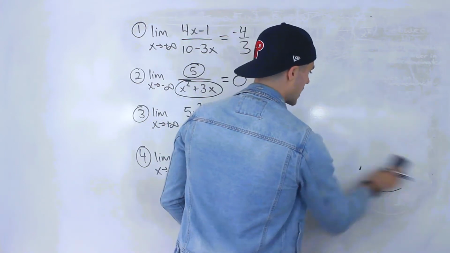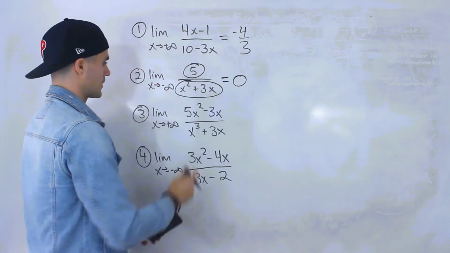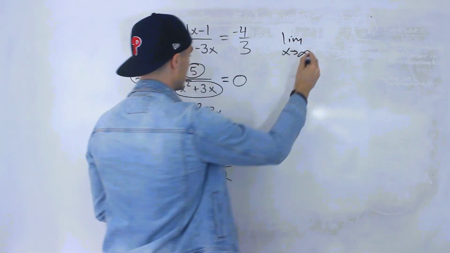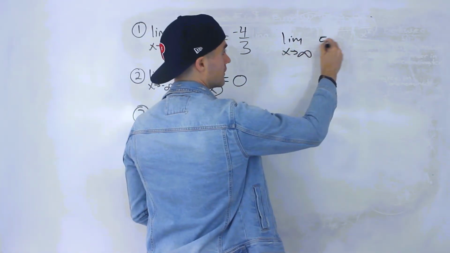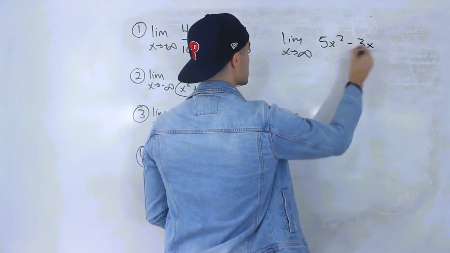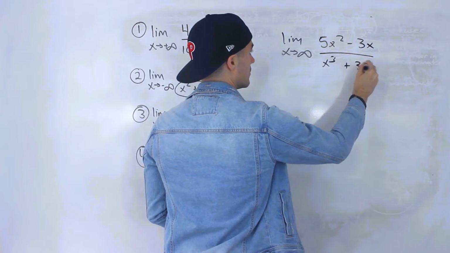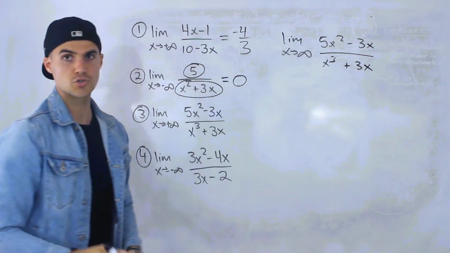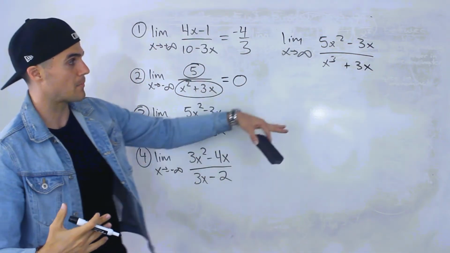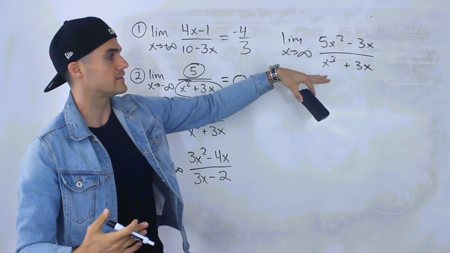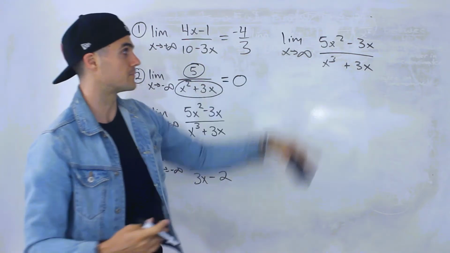Now, number 3, what do we have here? We have the limit as x approaches infinity of 5x squared minus 3x all over x to the power 3 plus 3x. So we're going to divide everything by what? x to the power of the highest degree, or the highest power rather, in the denominator. The degree is 3.